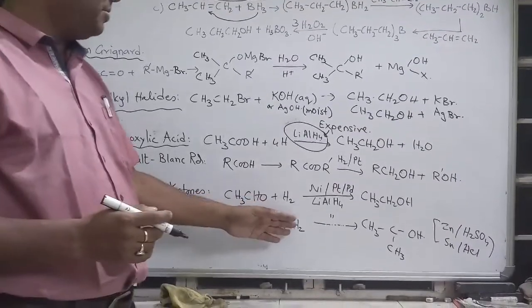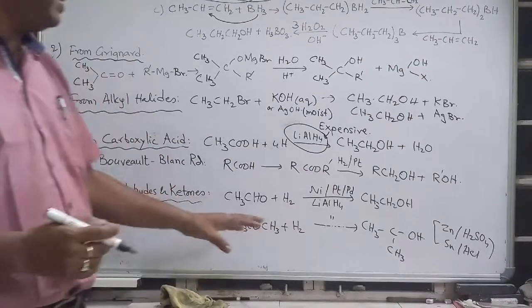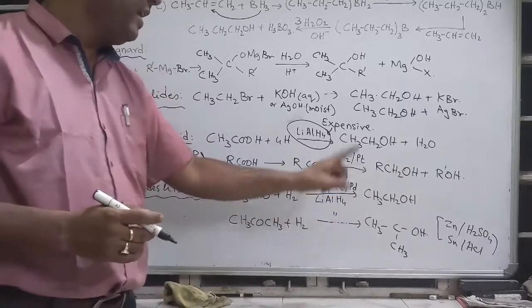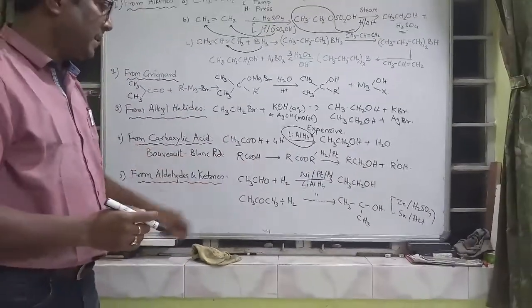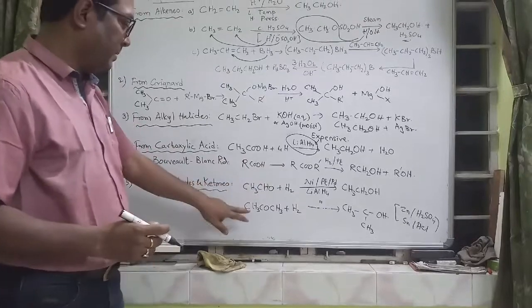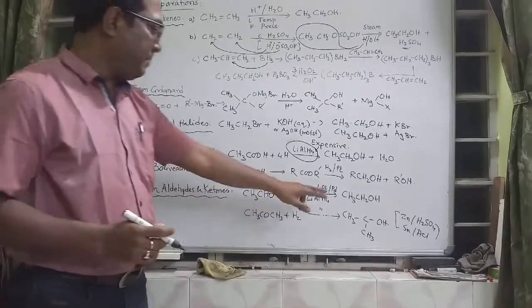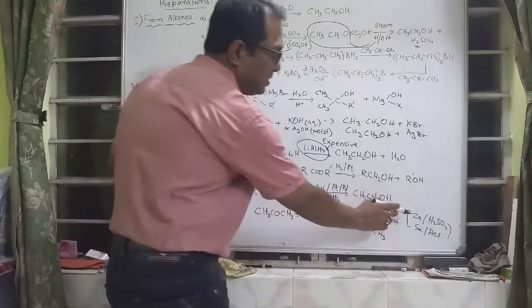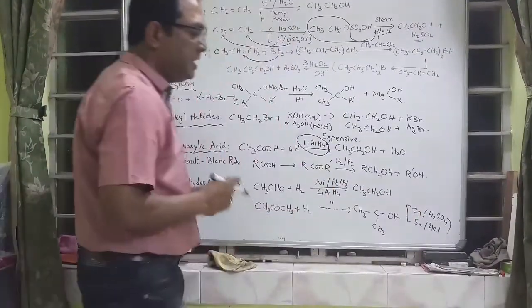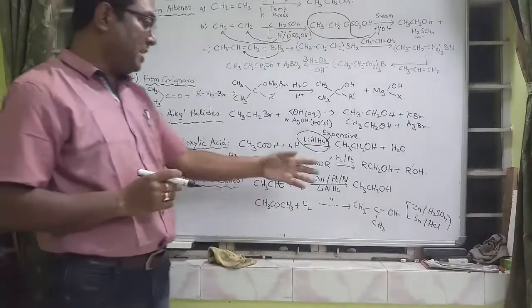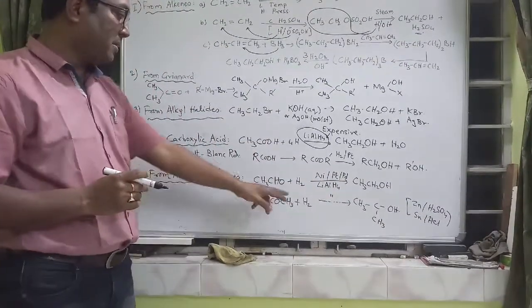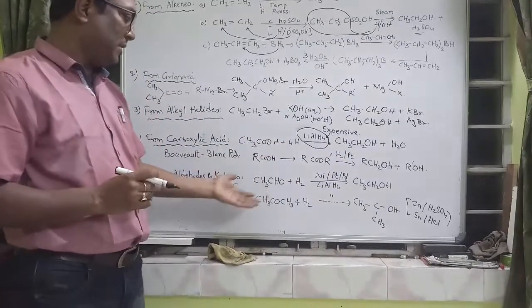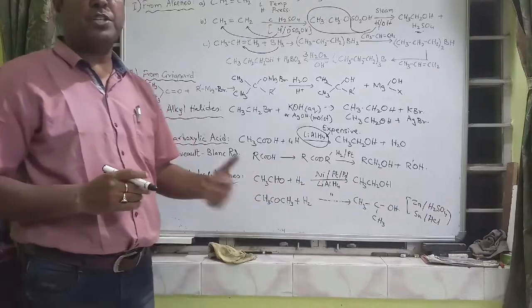Here when we use hydrogen in the presence of this reducing agent, we get alcohol, but this is a secondary alcohol. Being a secondary alcohol, we get it from the ketone, and the primary alcohols we get from the aldehydes. This we can also replace with zinc and sulfuric acid, or tin and hydrochloric acid. Tin and hydrochloric acid produce enough hydrogen, and zinc and sulfuric acid produce enough hydrogen to make the reduction process complete.